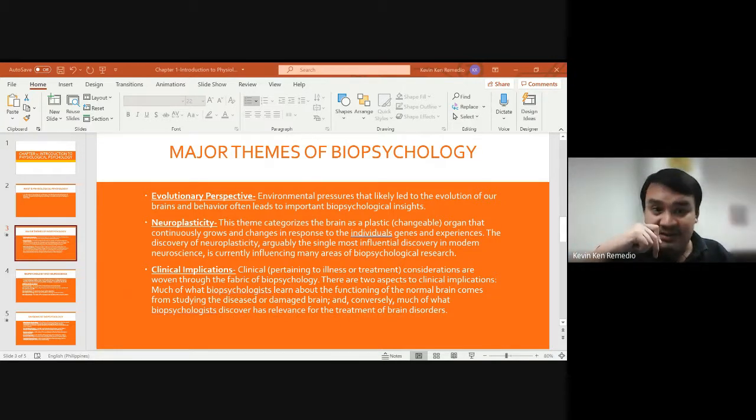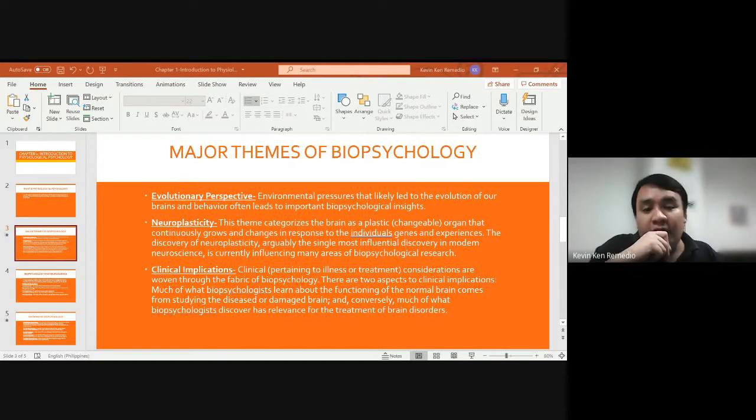Because they studied the damaged brain, they were able to develop mechanisms to treat those disorders. The psychological disorders now have therapies, different interventions that can be used to at least treat or alleviate the different manifestations of those disorders.